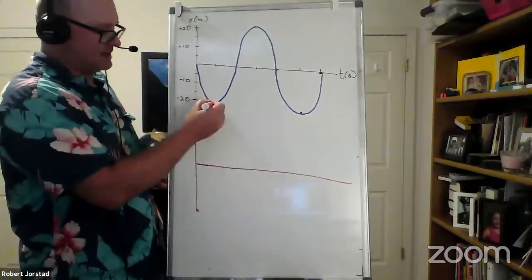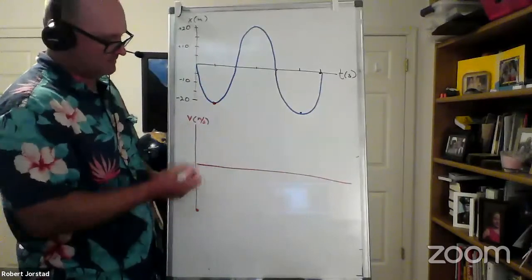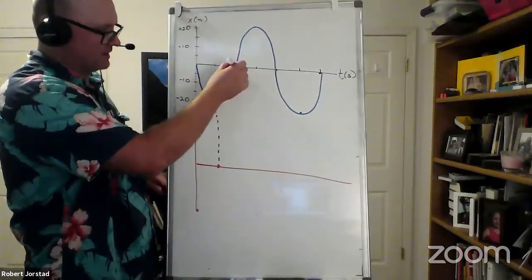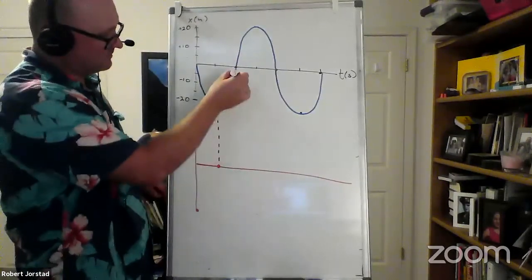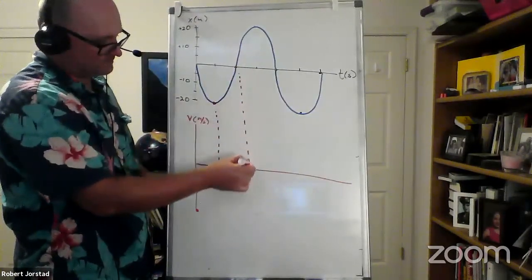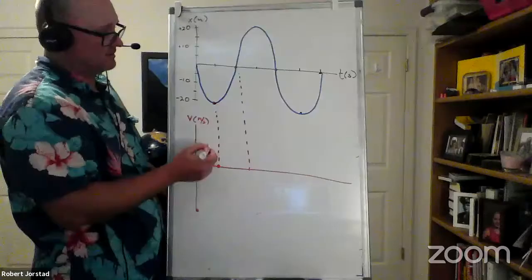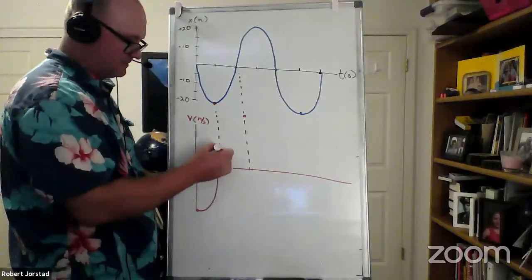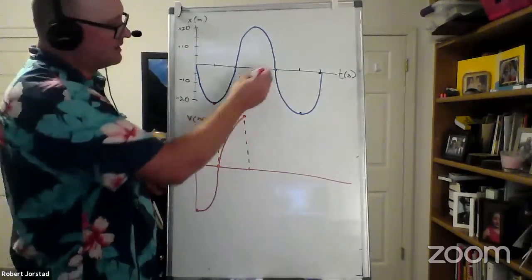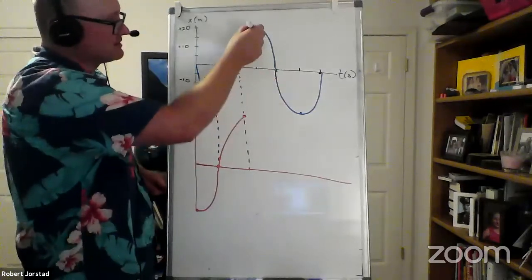And then right here, what's the velocity? Zero. Then right here, what's the velocity? Negative or positive? Positive. And so I think Esteban is about right. Now it's back to zero.